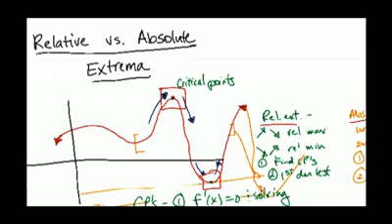I hope that made sense. So basically the point was that you don't necessarily need a critical point to be your absolute minimum. For relative you do, but not for absolute.